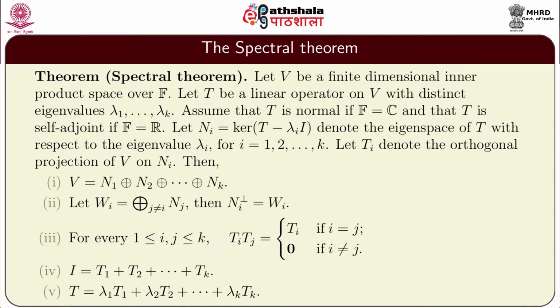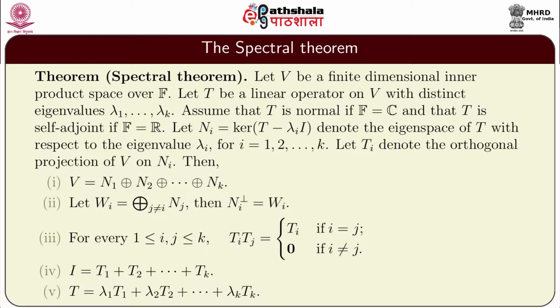The spectral theorem. Let V be a finite dimensional inner product space over the field F. F is the field of real or complex numbers, and T a linear operator on V with distinct eigenvalues lambda 1, lambda 2 and so on up to lambda k. Assume that T is normal if F is the field of complex numbers and that T is self-adjoint if F is the field of real numbers.